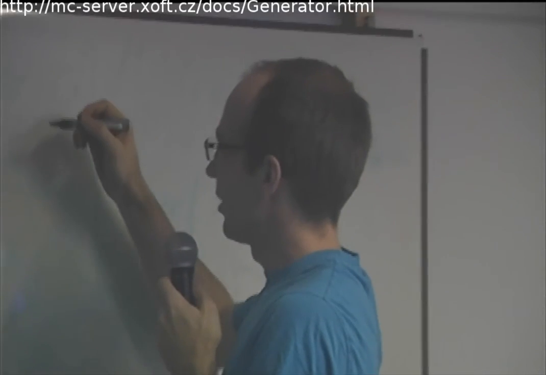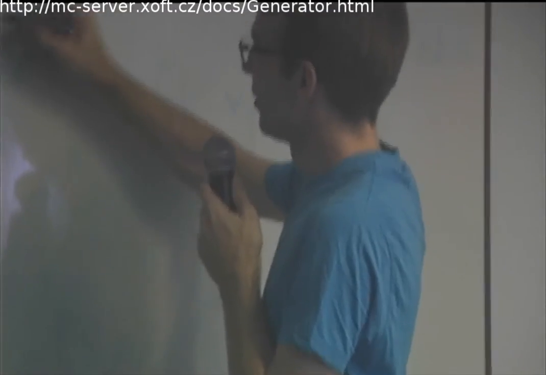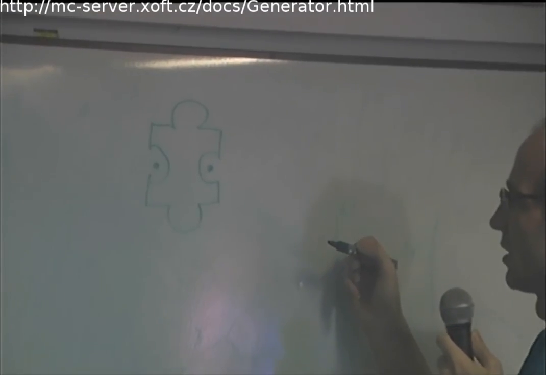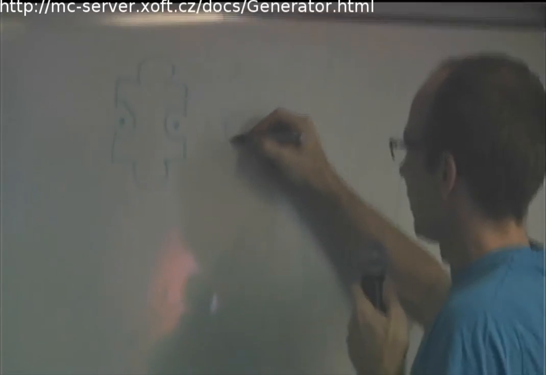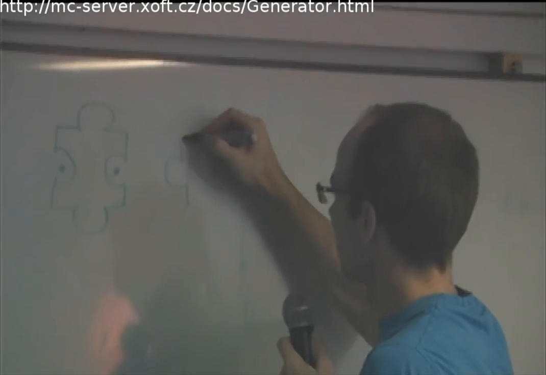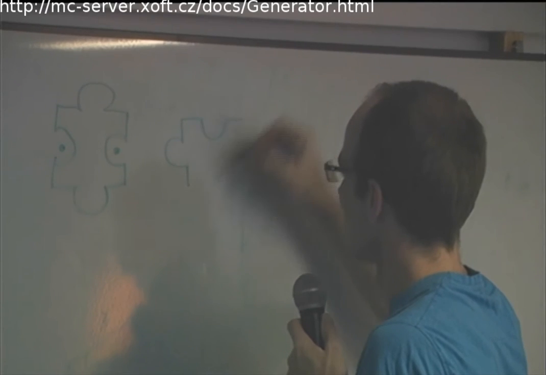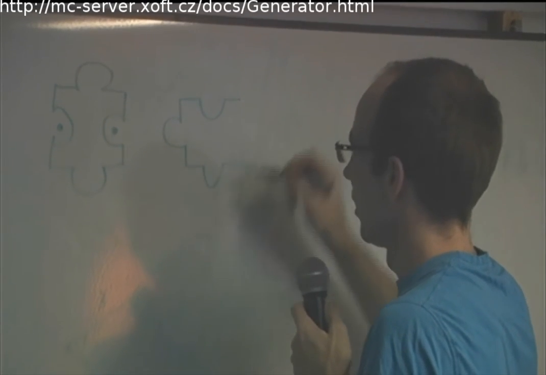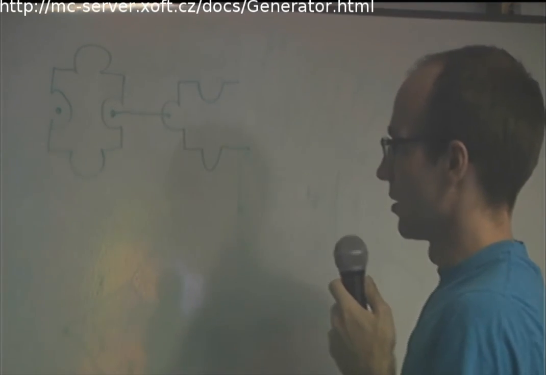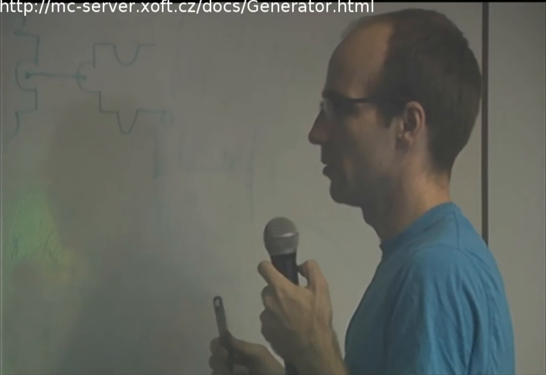Now, if you try to fit this thing into this thing, it won't work. But if you have a different piece, then these two will work together. And that's basically the principle behind piece structures.